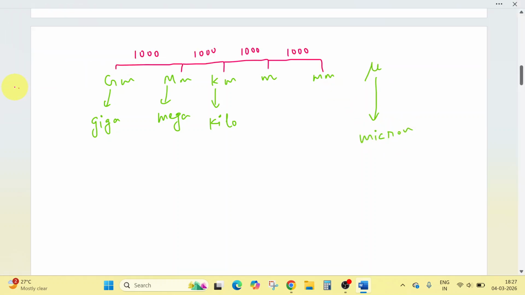The gap is also 1000. And after micron comes nanometer. So here also the gap is 1000. Nanometer, nm. Just a minute. Nano, N M. N for nano.